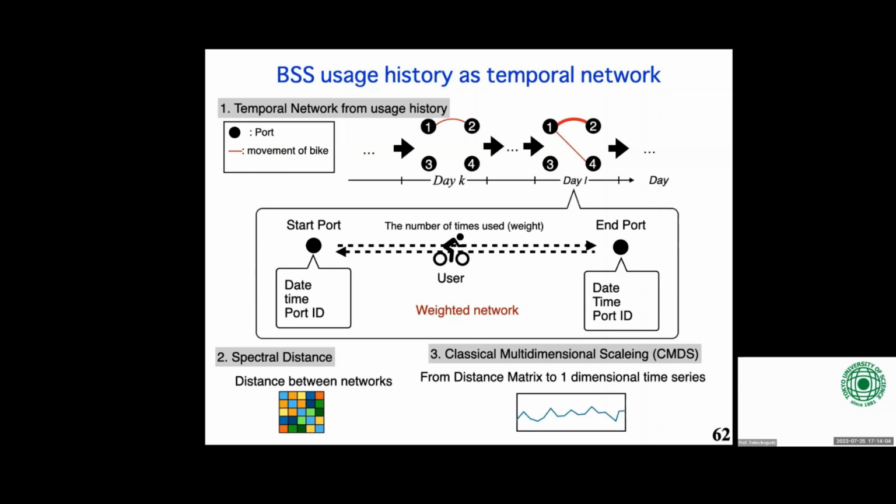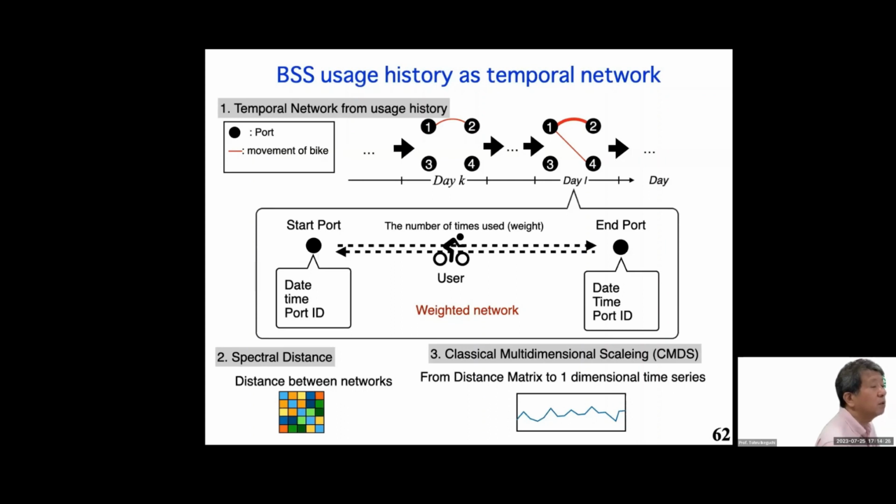The user history data of the BSS system records at which port a user rented a bicycle and at which port the user returned it. So these two ports, the start port and end port, can be considered as the vertices of the network.